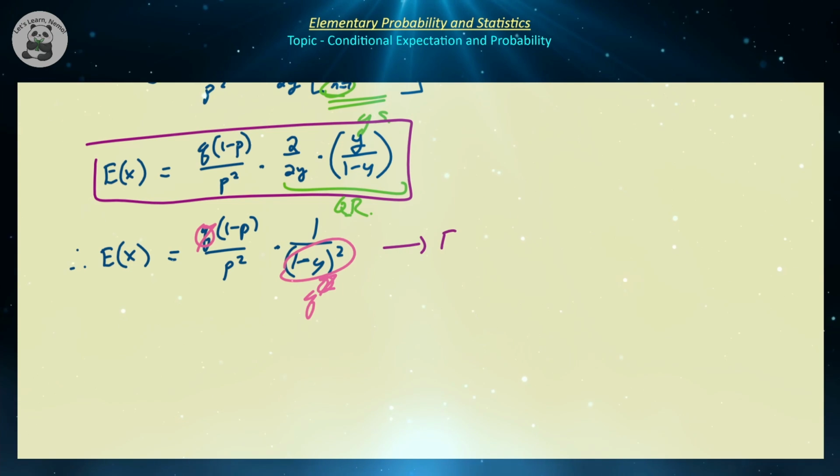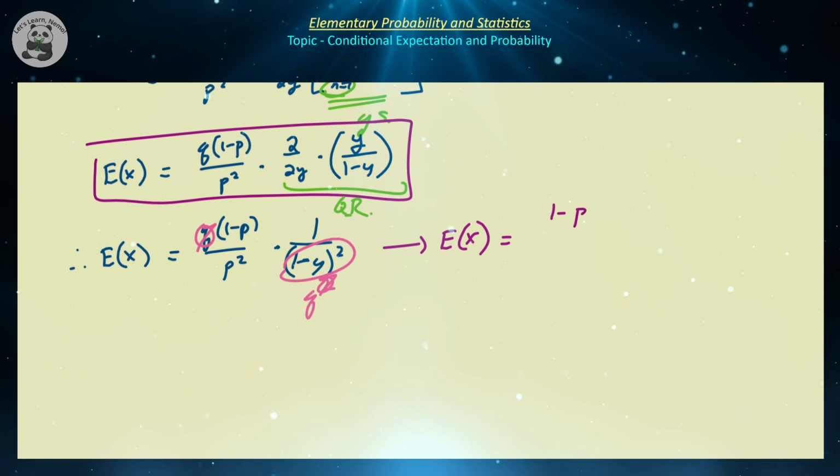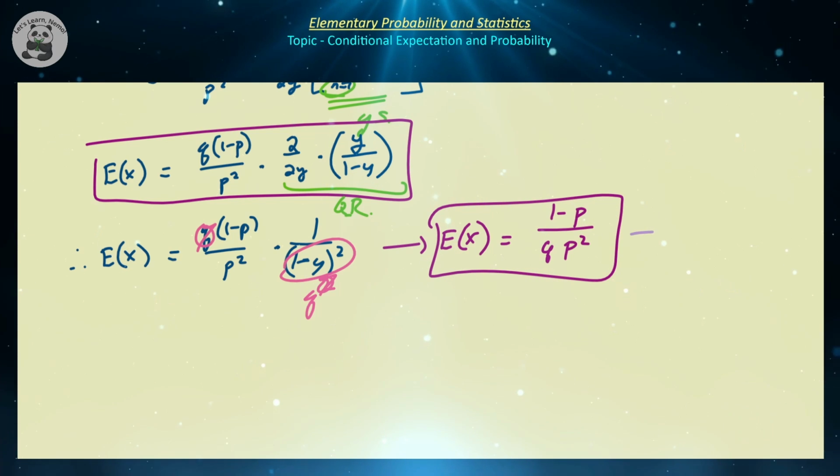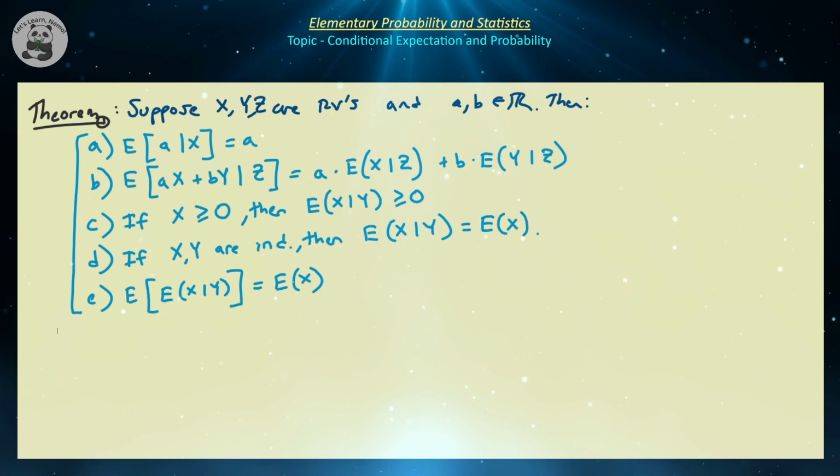And from here, the expected value of this negative binomial will just be equal to (1 minus p) all over q p squared. And notice that nowhere in this expression do we have n, right? So this would be the marginal expectation for the negative binomial random variable x, even though it originally depended on the value of n.